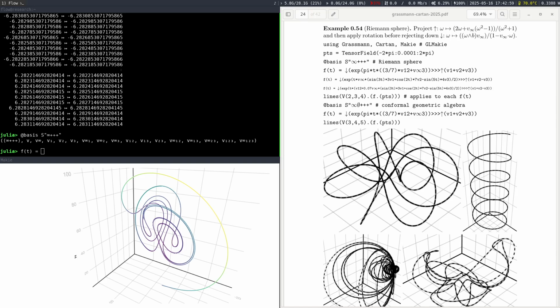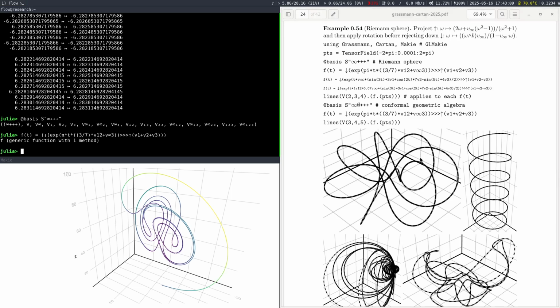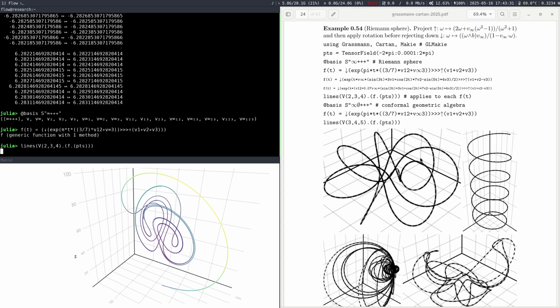This one, right? Okay. So these are just examples that I've had on my documentation page for a while, but they're now re-examined using the TensorField formalism of Cartan.